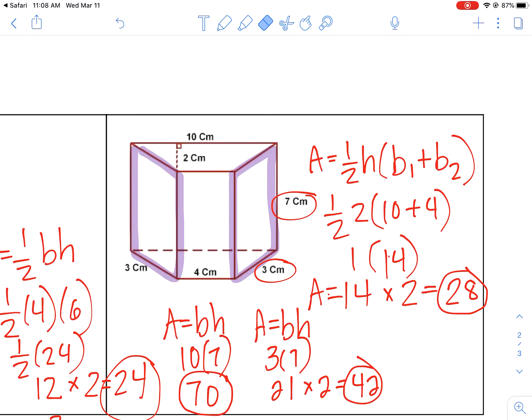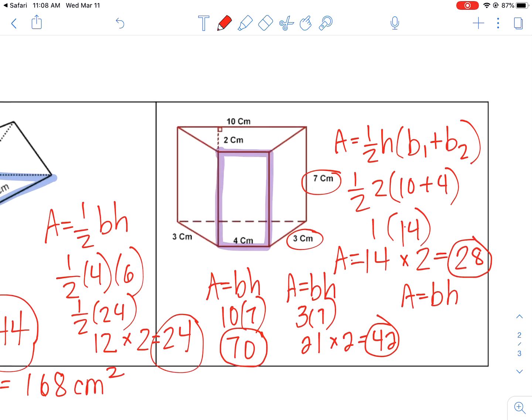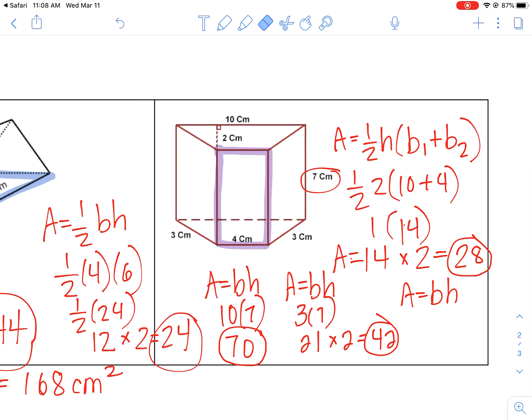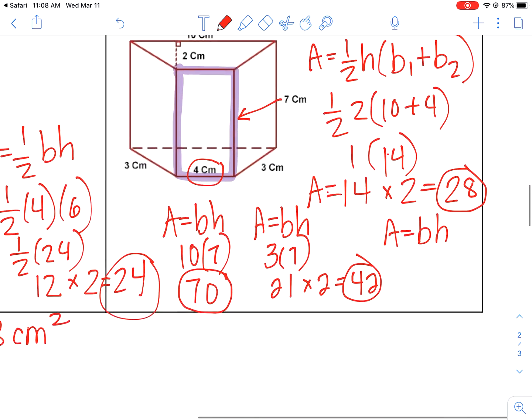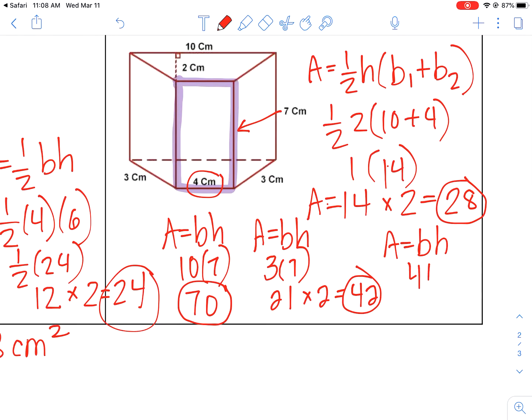I'm going to do a little erasing again. And then you can see there's one rectangle there. And this is a little different because you can see the 4, and then this 7 would transfer over there. So 4 times 7 is 28, and there's only one of those.